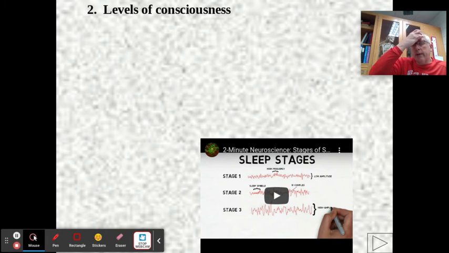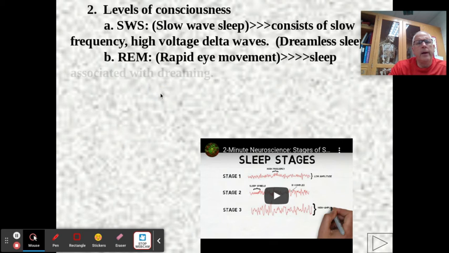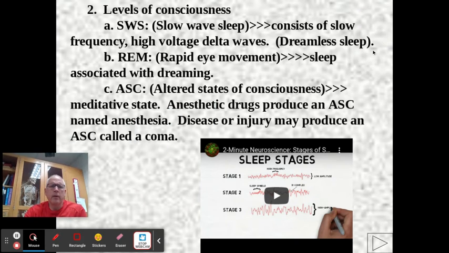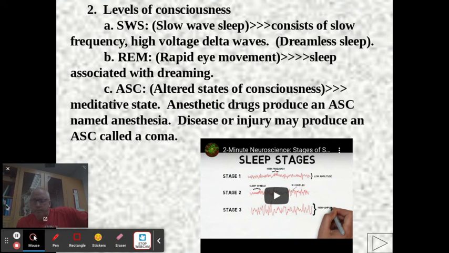So levels of consciousness, we're mainly talking about sleep at the start here. I'm going to show you a quick little video on that. Slow wave sleep is just what it says: slow frequency, high voltage, which seems a little backwards, but that's what slow wave sleep is.